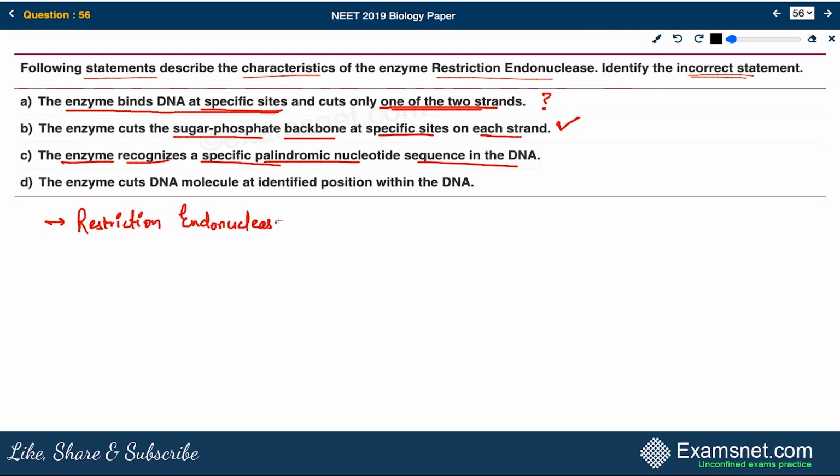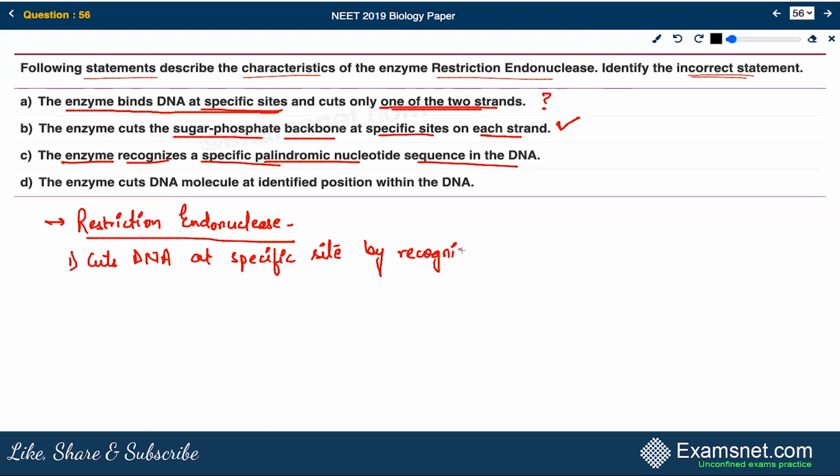Restriction endonuclease is one such enzyme that cuts DNA at a specific site or specific point by recognizing a specific sequence.